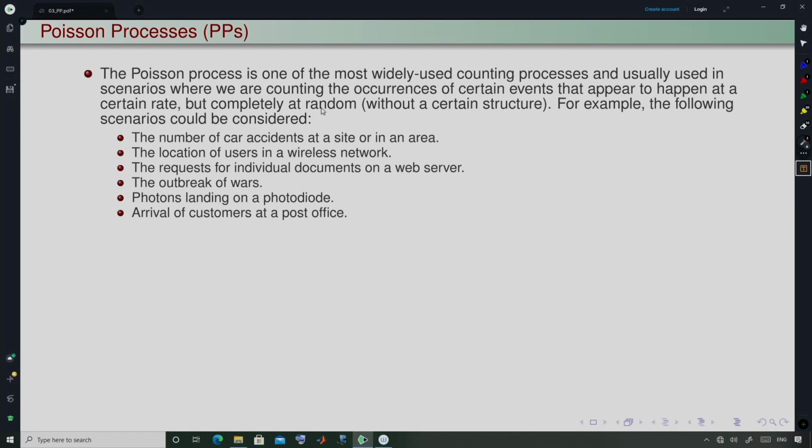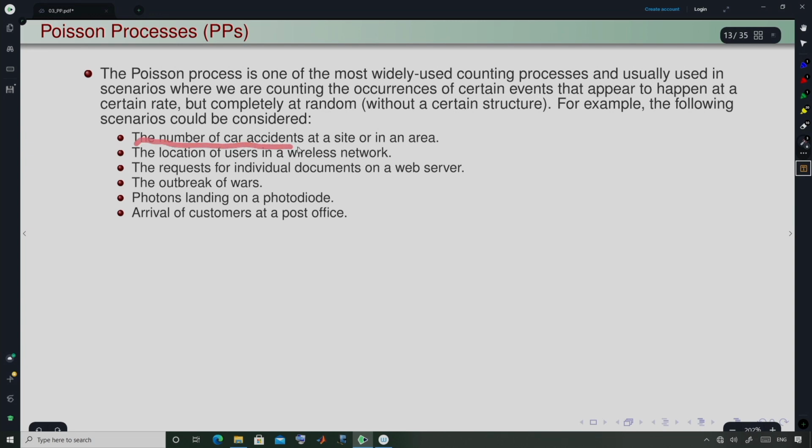But something that occurs completely at random without any structure is a scenario where the Poisson process could be a potential model to represent that behavior. Say for example, the number of car accidents at a site or in an area.